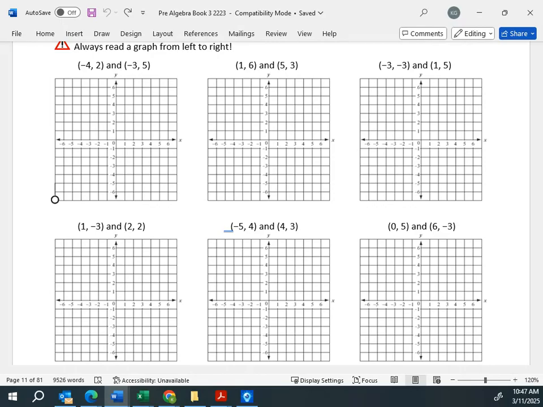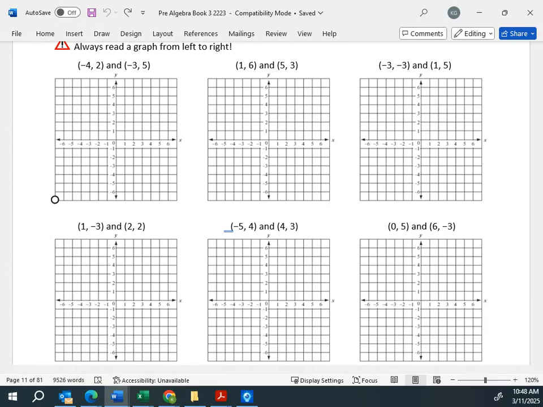Do it my way, specifically because I know those common mistakes people make. So you really, truly want to do it the way that I'm showing you so you don't make the very, very common mistakes that kids make every single year.